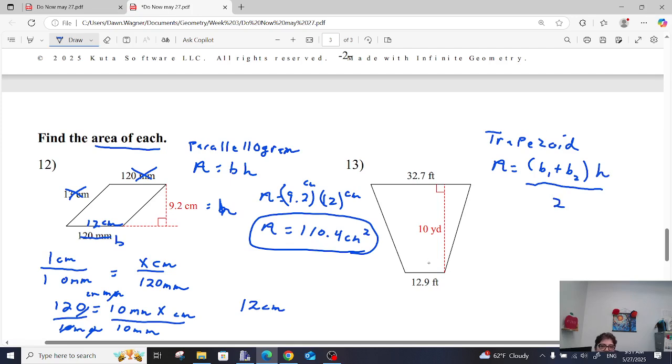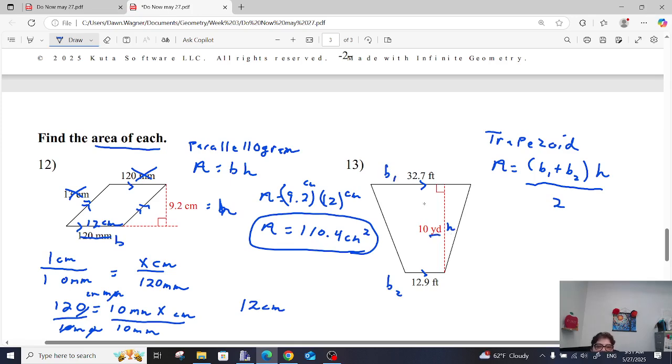The reason why this is a trapezoid is these two sides are parallel, meaning they're heading in the same direction, but these other two are not. This was a parallelogram because these two are parallel and these two are parallel. You don't count the dashed lines as part of the figure. It's just measuring a height. So, base 1, base 2, and height.